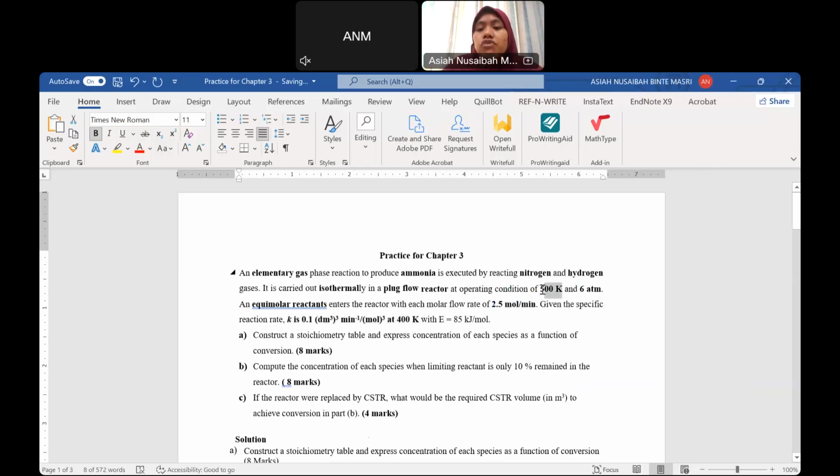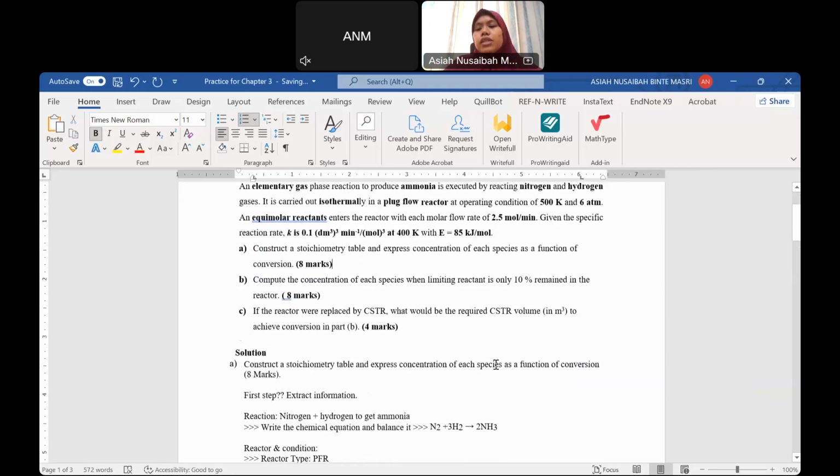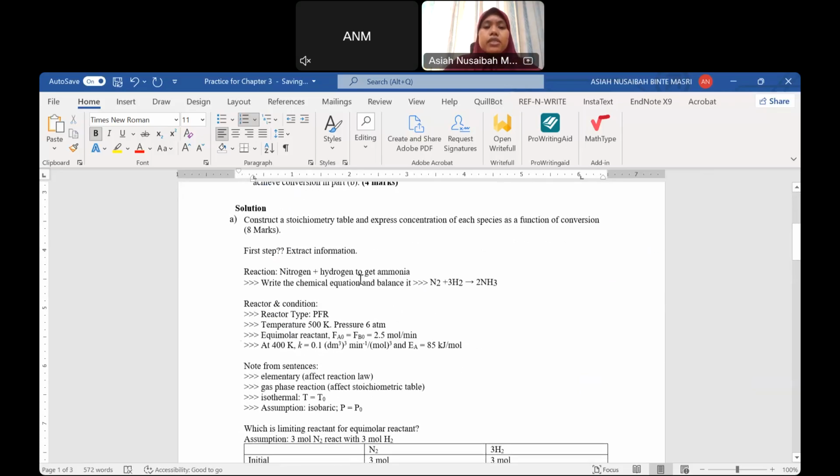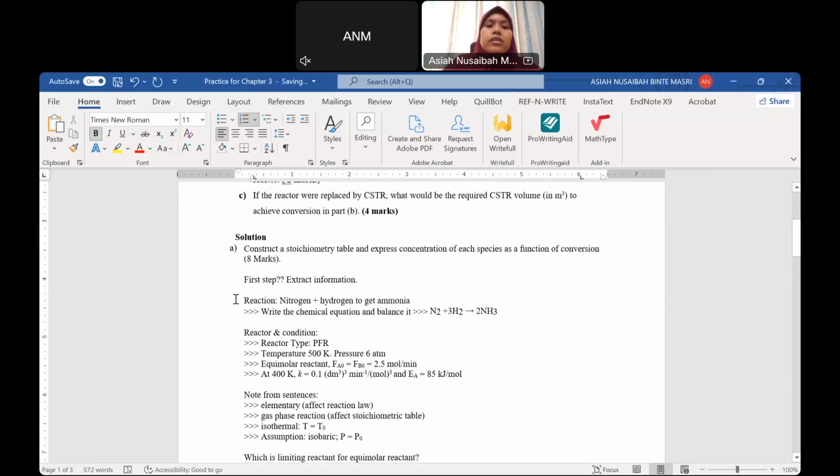Our condition is 500 K. This one is K at 400. That means you need to find K at our condition. And then we have that information where activation energy is equal to 85 kilojoule per mole. So these are the information that we got from the paragraph. So now I help to recap what it mentioned. So we extract the information. It says that the reaction involved reaction between nitrogen and hydrogen to get ammonia.